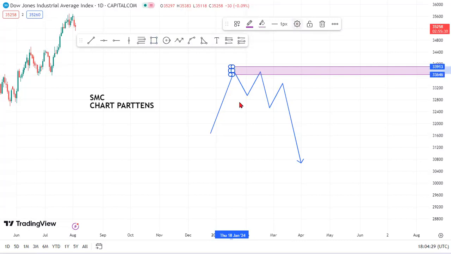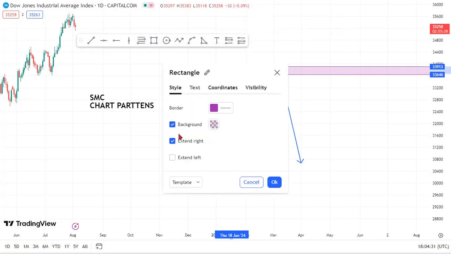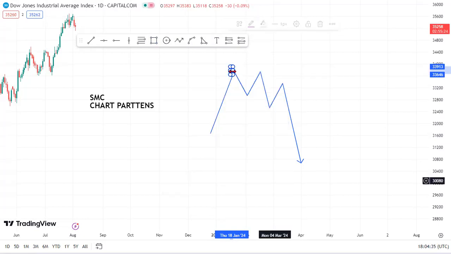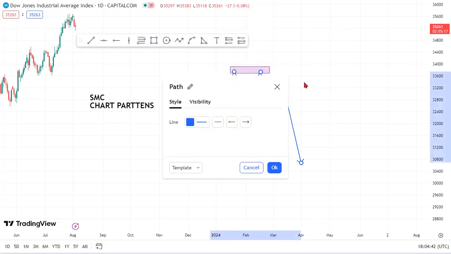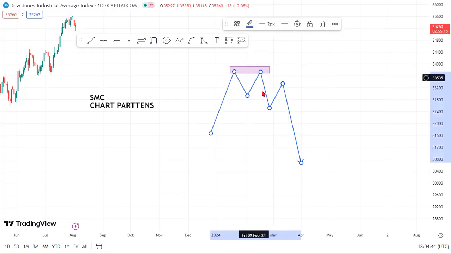Let me edit this, I think I changed it. Okay, so let's say the market gives you what you call a double top. So you had a bullish market, right?